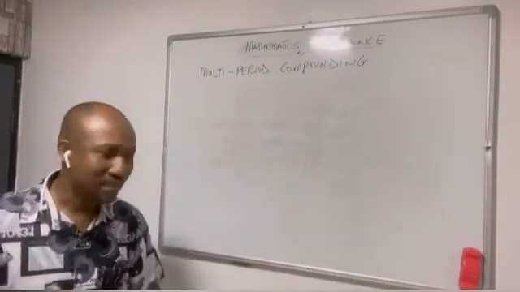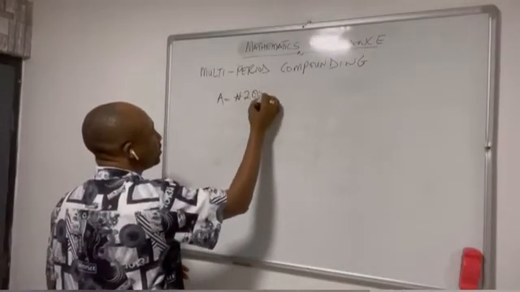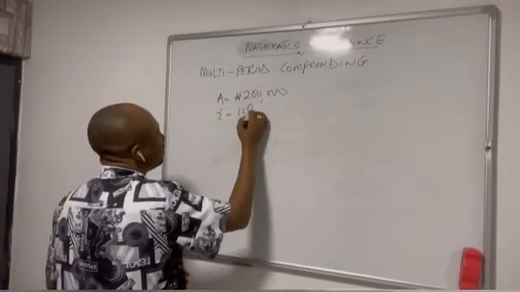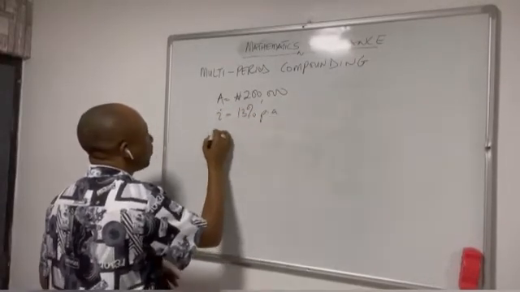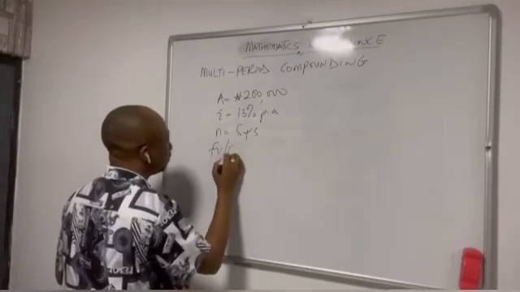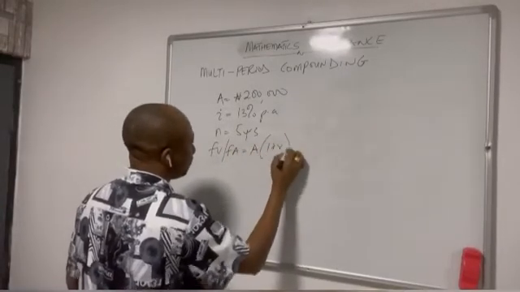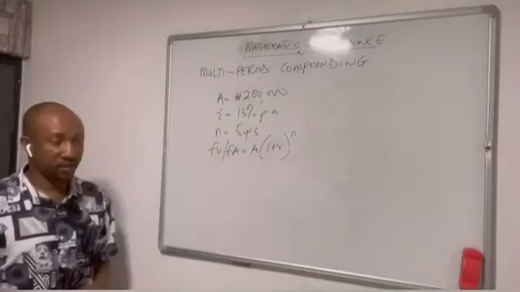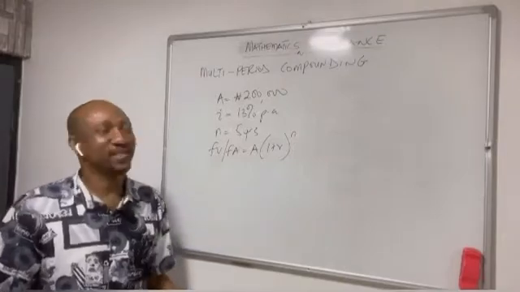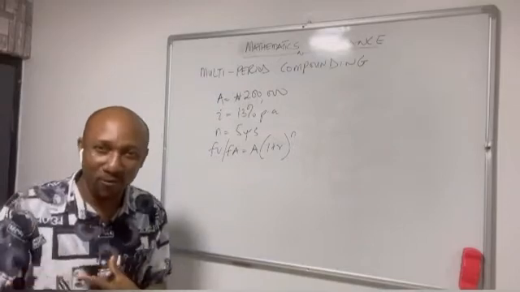Let us consider the last example where the amount we decided to invest is 200,000 and the interest is 13% per annum, while the number of years is 5 years, where we look for future value to be the amount invested into 1 plus rate of interest raised to power number of years. So let's assume that unlike the last example, this time we are told that interest is paid more than once in a year.